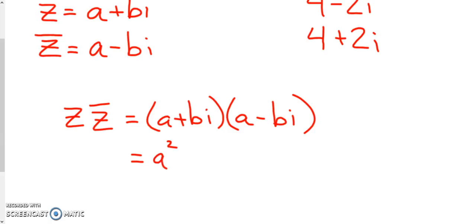All right, a squared, plus abi, and then minus abi, because you got one of each. And then that times that would be b squared i squared, right? The abi's cancel.